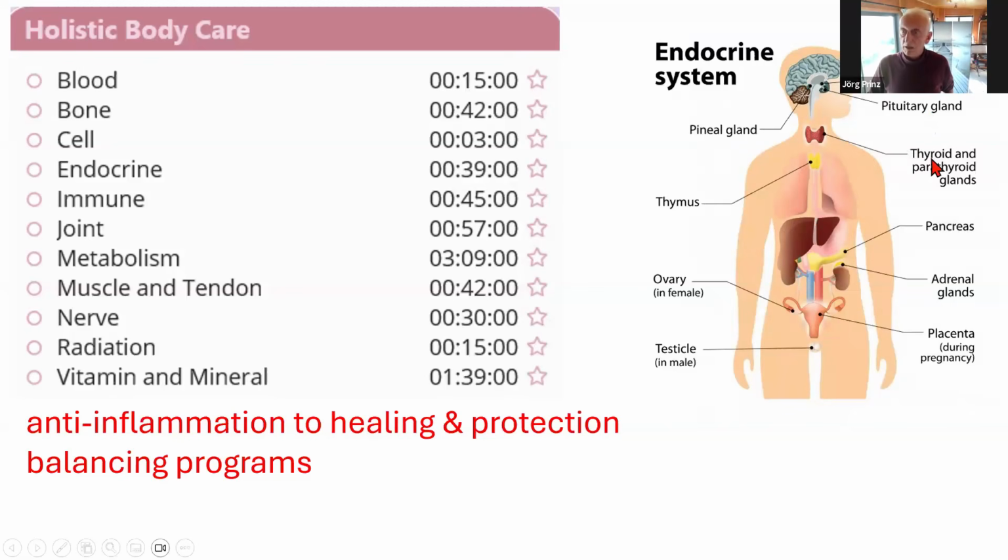You cannot activate the thyroid gland if there's no iodine in your food or not enough iodine in your food. And unfortunately, when we get older, the hormonal production all over goes down, except for two. Insulin is one and cortisol is the other one, the stress hormone. So this program here helps you to balance this a little bit, but you need good food and sometimes supplements to help that.